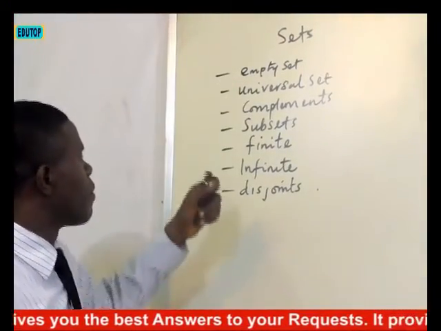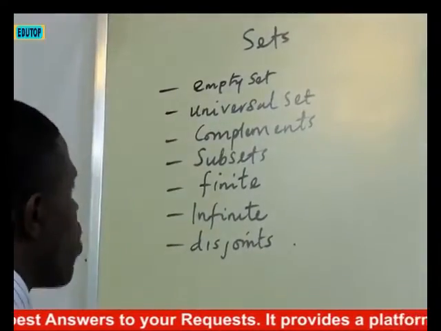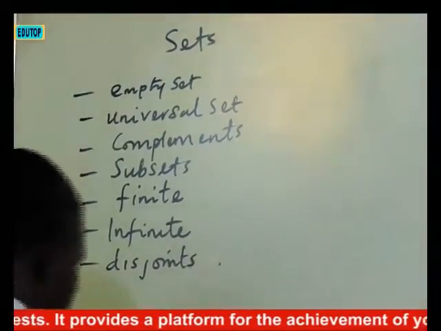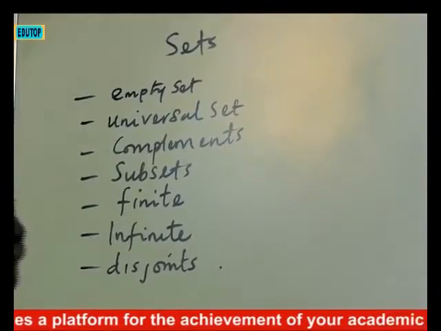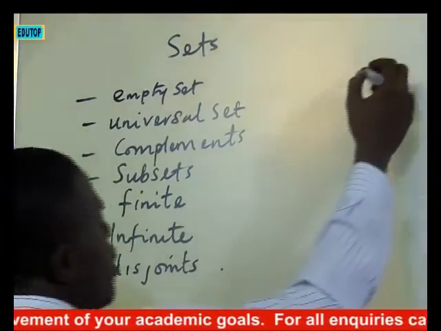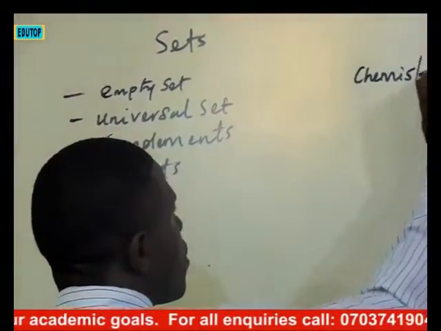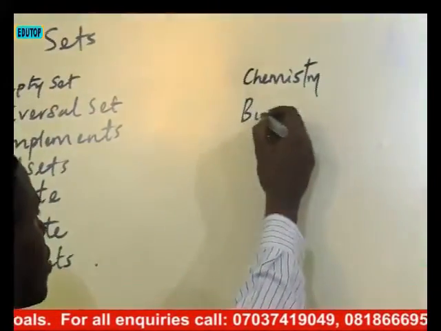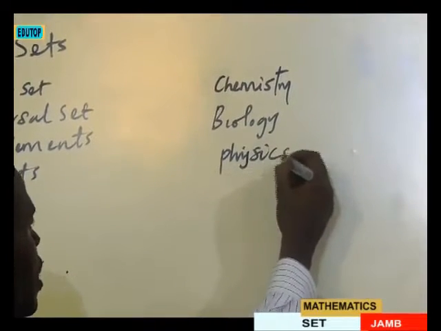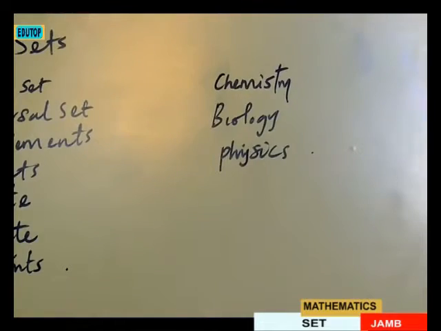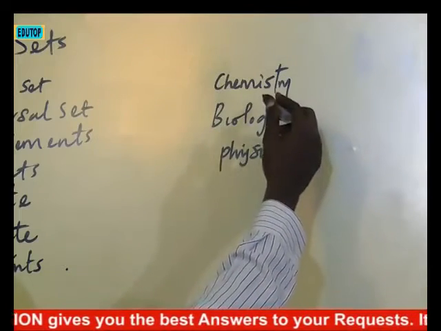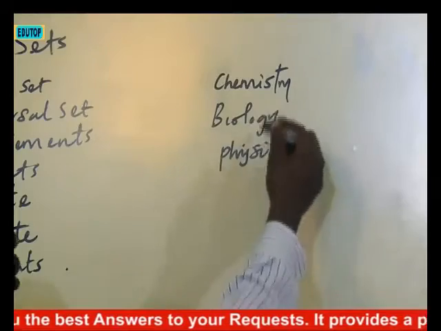So first and foremost, let's talk about sets. Just like in the choice of courses to be studied in the university, if you have chemistry, biology, physics, it is very pertinent to note that chemistry is more important as far as UTME combinations are concerned than either of the other two.